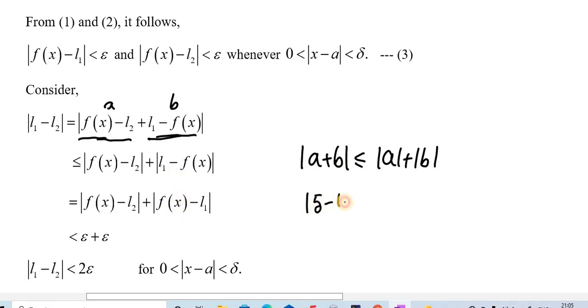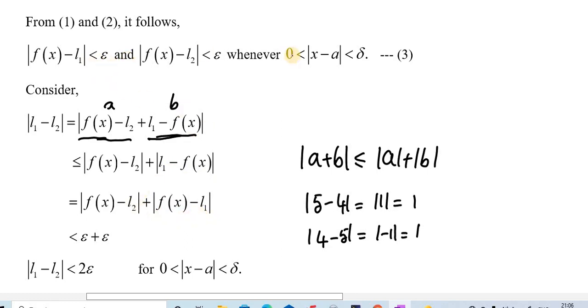Modulus of 5 minus 4 is mod 1, that is 1 only. Modulus of 4 minus 5 is modulus of minus 1, that is also 1 only. That means inside the modulus we can change the terms. That means modulus of L1 minus f of x is equal to modulus of f of x minus L1.